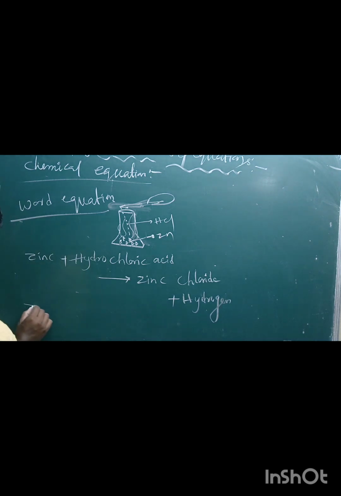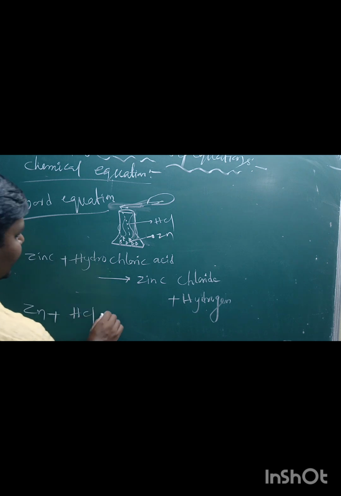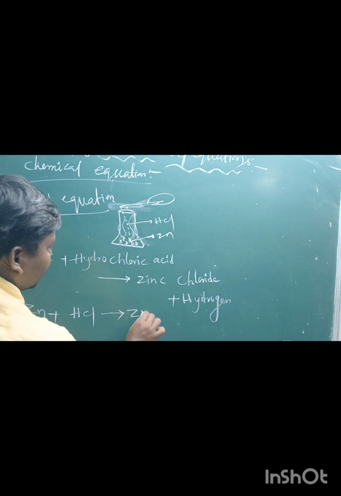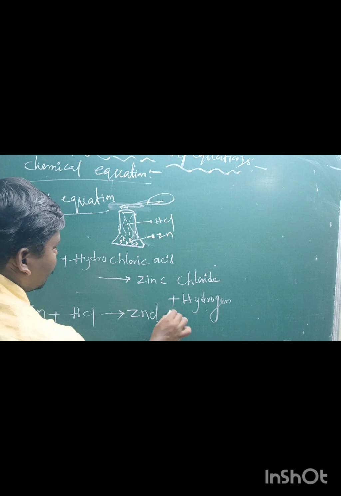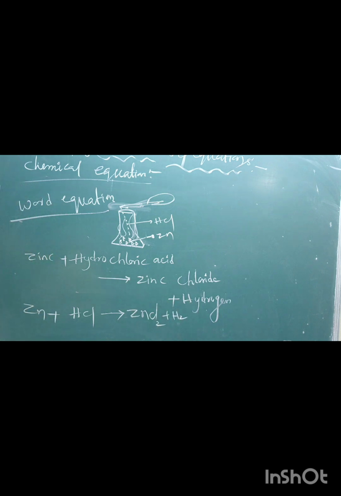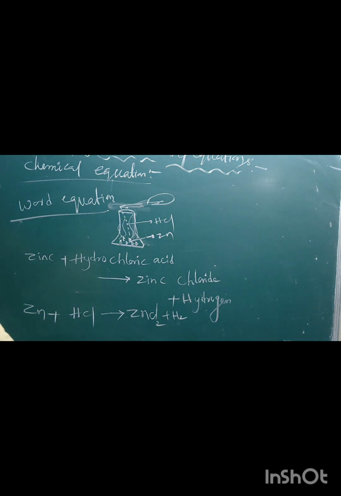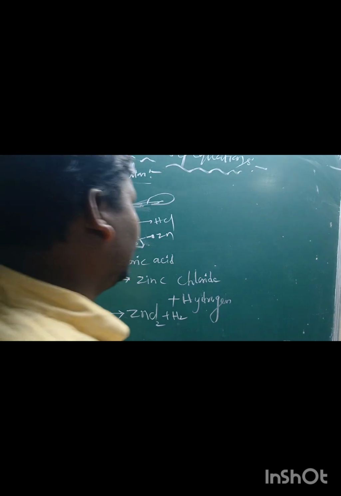What is the symbol of zinc? Zn. The chemical formula of hydrochloric acid is HCl. They form ZnCl2 plus H2. This is an unbalanced chemical equation. How do we identify whether it is balanced or unbalanced?